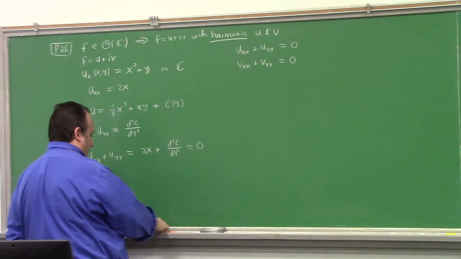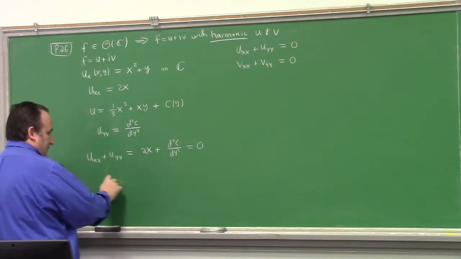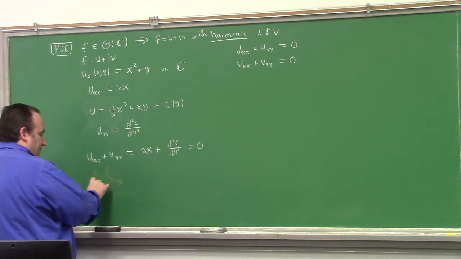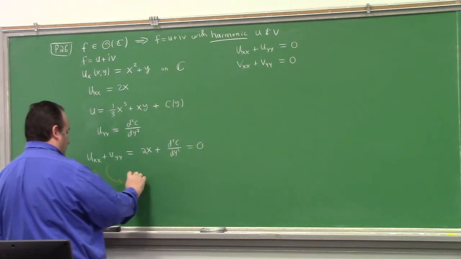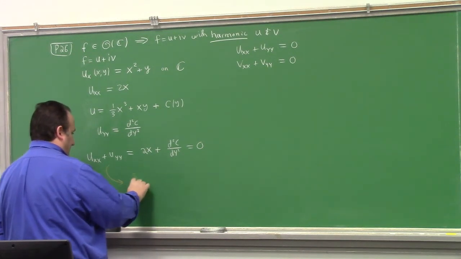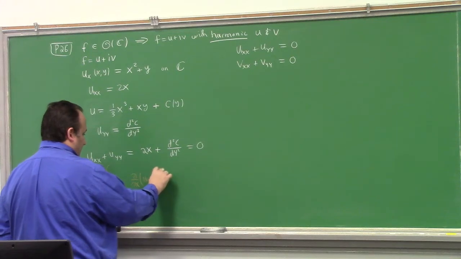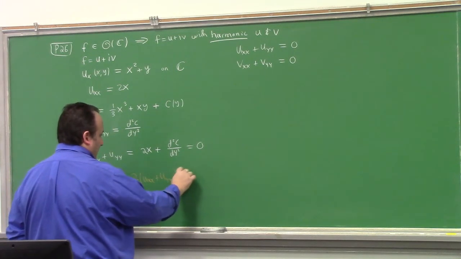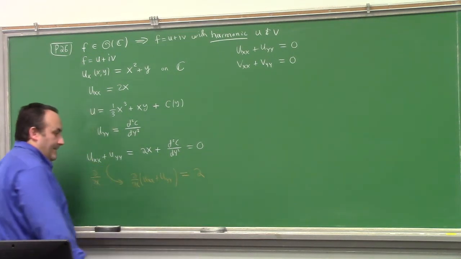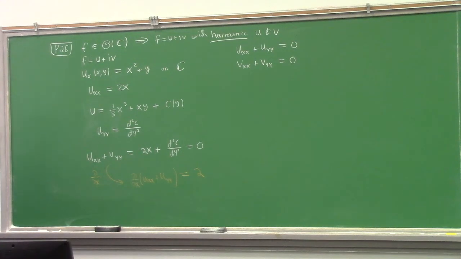If you just want proof positive, take the partial derivative with respect to x of this equation, and you get partial x of uxx plus uyy is 2. But if uxx plus uyy equaled 0, we wouldn't have that being 2, would we? We would have it being 0.